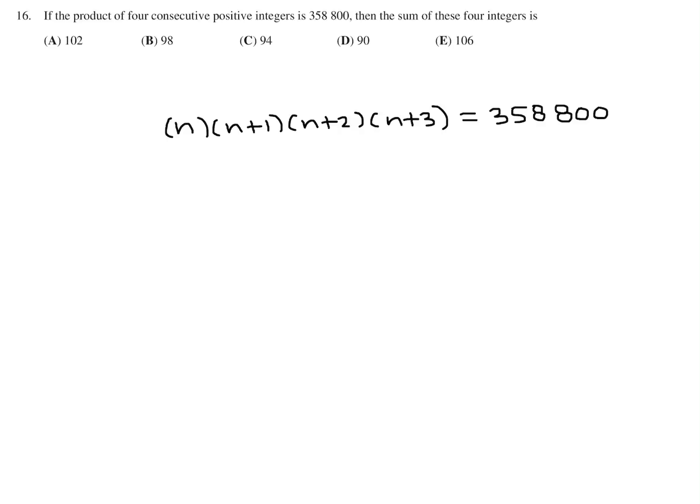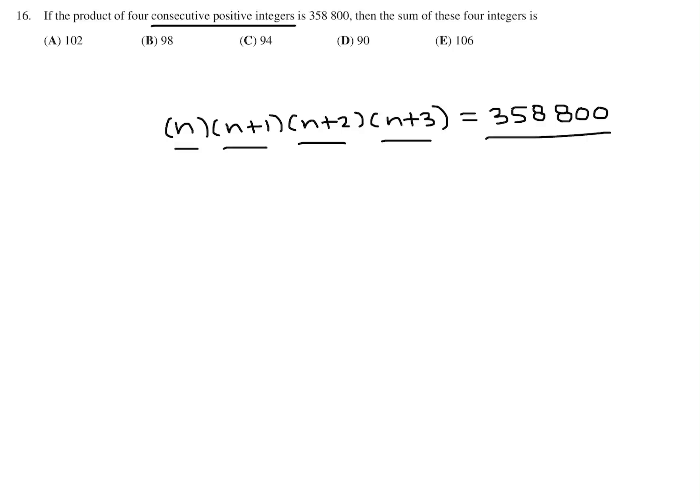This is really what you call a trial and error type of question. There's no magic formula here. You're going to have to do a little bit of plugging in and experimenting. But there are some shortcuts. You're taking 4 numbers that are very close to each other. They're consecutive positive integers, and you're multiplying them, and you're getting this big number, right?